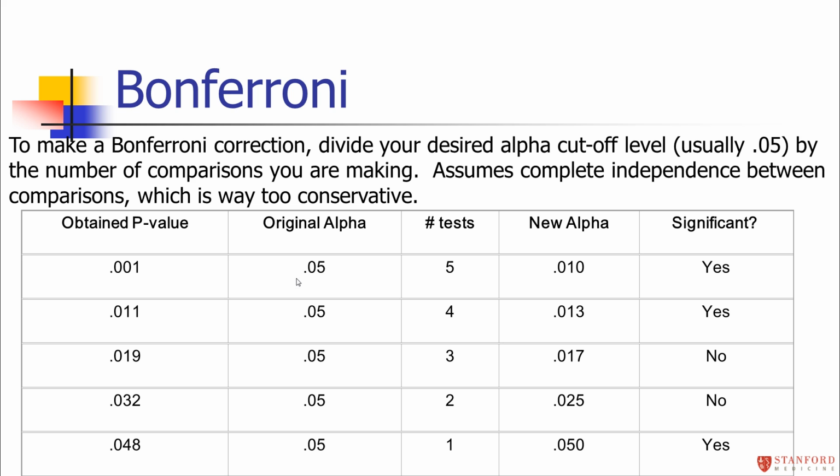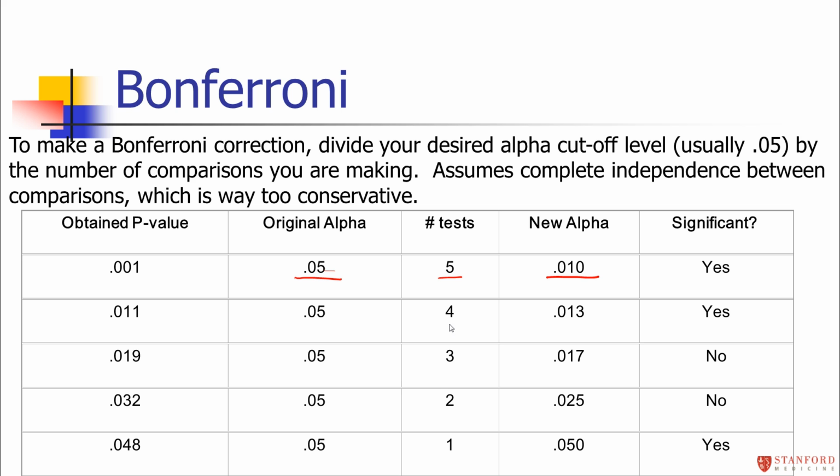So if you want to keep your overall error rate at 0.05 and you're going to run 5 tests, you could just divide those two things and say, I'm only going to count something as statistically significant not if the p-value is less than 0.05, but if the p-value is less than 0.01. So for example, if you had obtained a p-value of 0.001 and you ran 5 tests, you would still count that as statistically significant because that is still below 0.01.